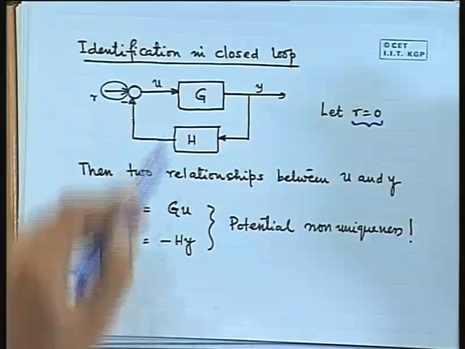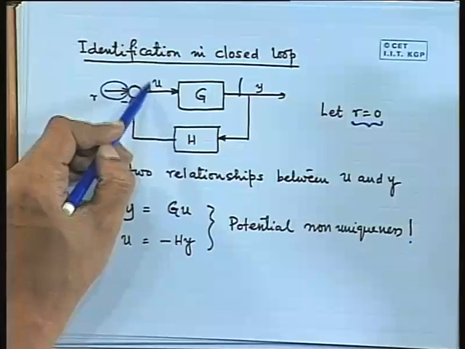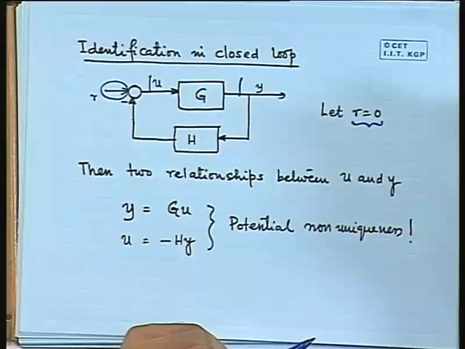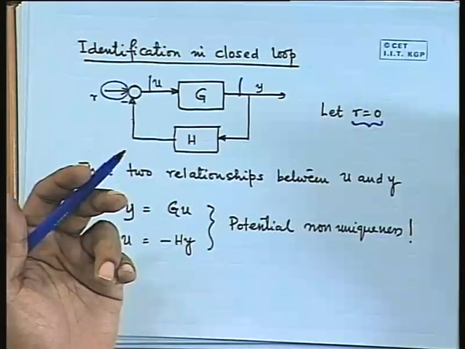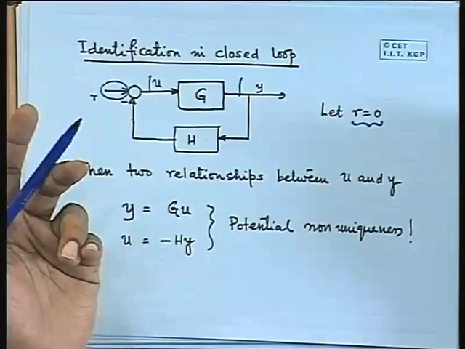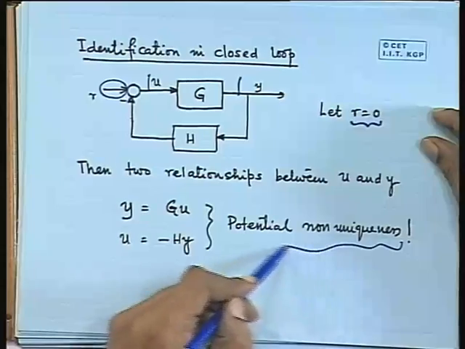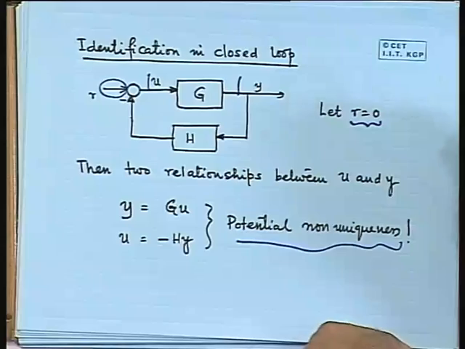So if you identify between U and Y, which one will you get? Both are correct. So there is a potential non-uniqueness of the solution. You are very likely to get a situation where this solution is going to be non-unique.